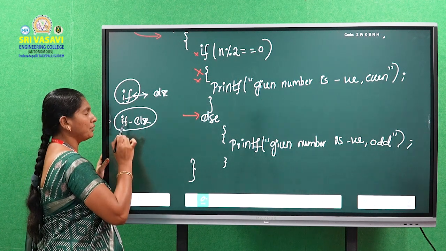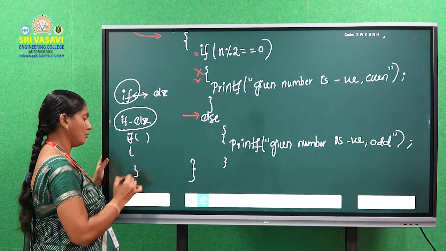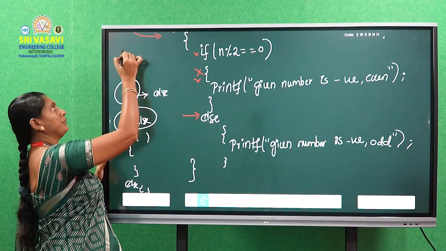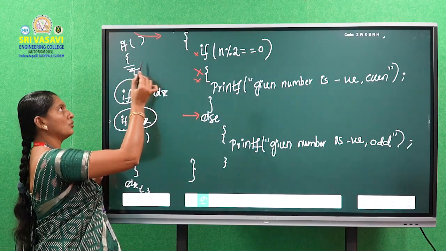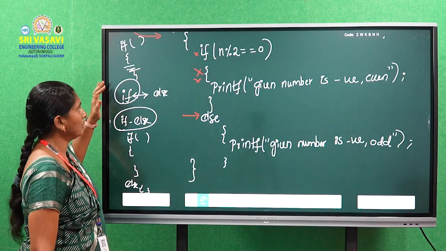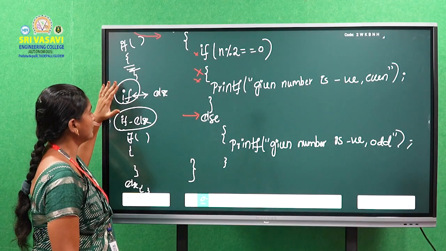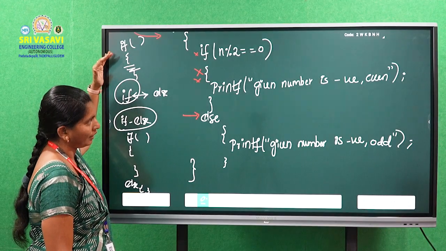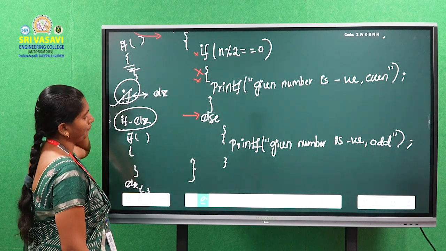If you are using if else, then you will write if, then you will write else like this. For simple if, there is no else. So you have to remember this point, that there is no need to write an else statement for each and every if, as our C language supports simple if also.